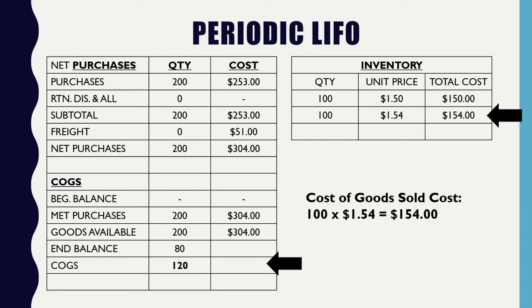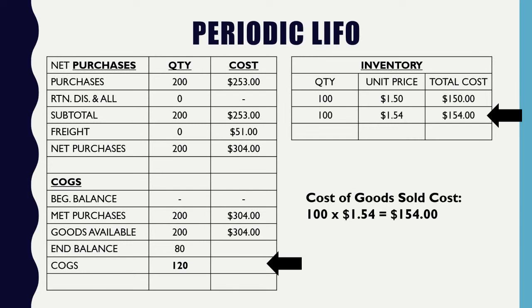Our first batch was for 150 that we bought on June 1st. The second batch was another 100 at $1.54, which we bought on June 11th. The way we're going to cost it this time, if we're using LIFO, is that we're going to start from the bottom and make our way up to the top.